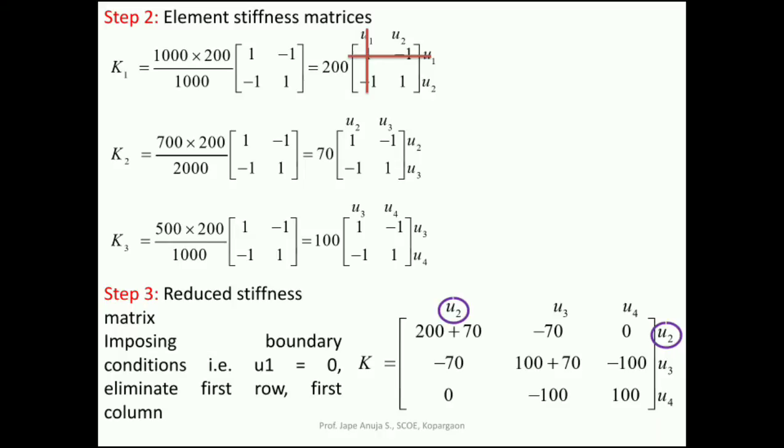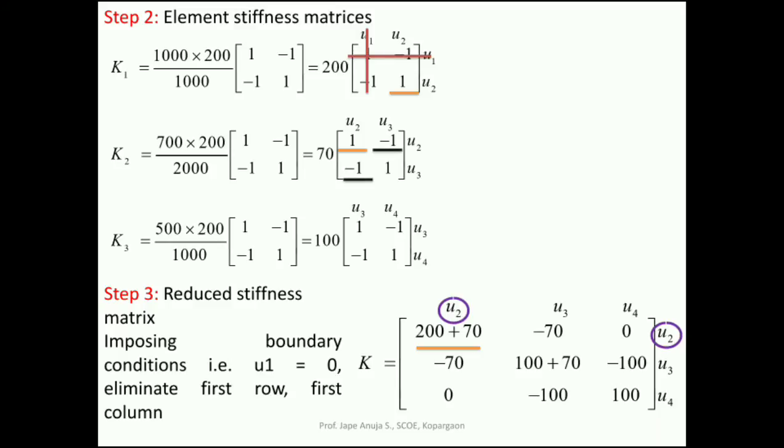This combination is here in the second step in K1 and K2, here this orange line. So this 200 into 1, U2, U2 combination in K1, plus in K2 also this U2, U2 combination appears, 70 into 1. So 200 plus 70, that is written here as the first element of this reduced stiffness matrix: 200 plus 70, total 270.